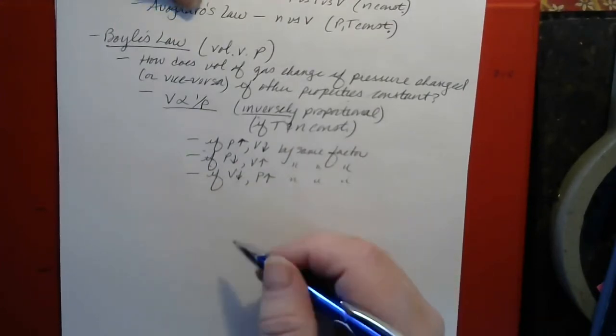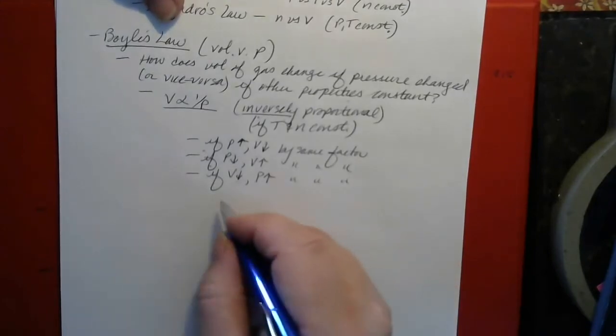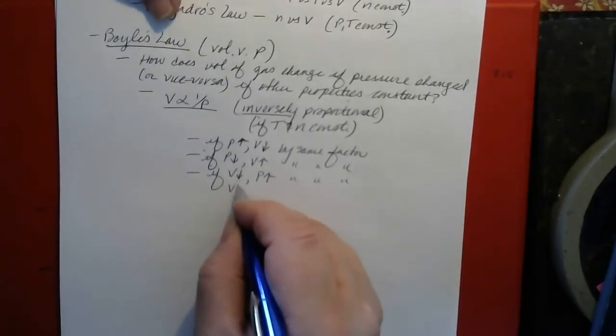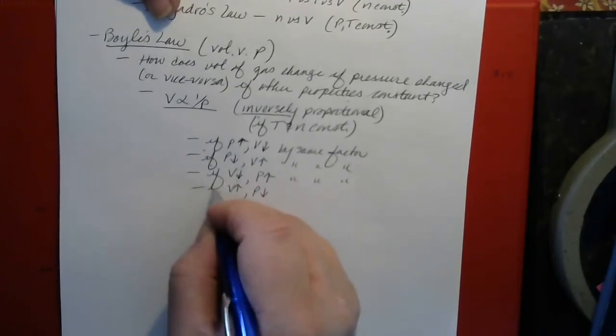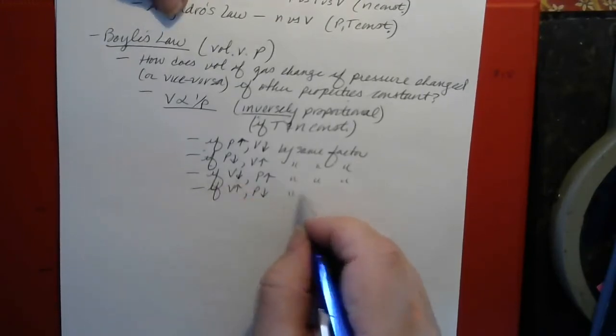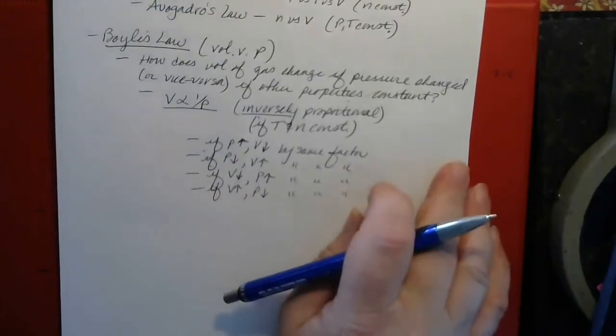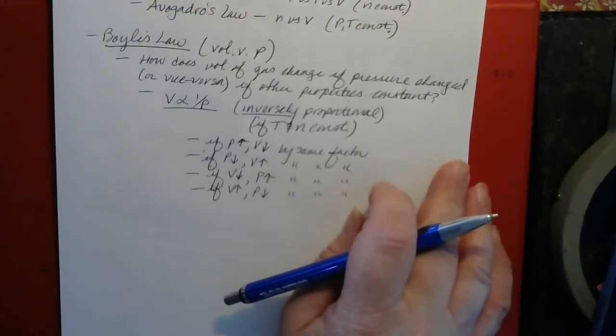So if you cut the volume in half, you've just doubled the pressure. If the volume goes up, the pressure goes down. You've got the same number of particles in a bigger space, so there are fewer collisions between the particles and the walls of the container per unit of time, and that means less total force imparted to the wall over a period of time, and that means less pressure.